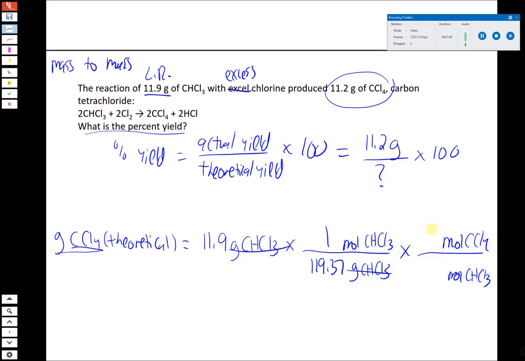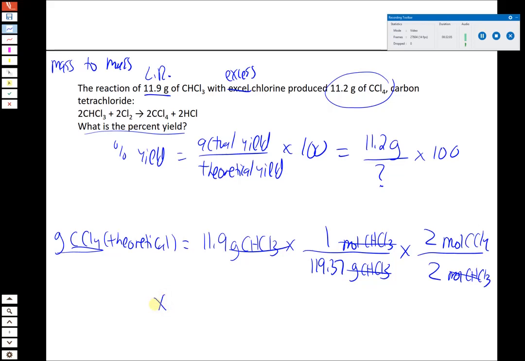So we see that 2 moles of CCl4 form for 2 moles of CHCl3. This is not the best way to balance this equation because we have all these coefficients of 2 that are not the smallest whole numbers, but it still works as long as it is balanced, so we have that conversion there to get moles of CCl4.